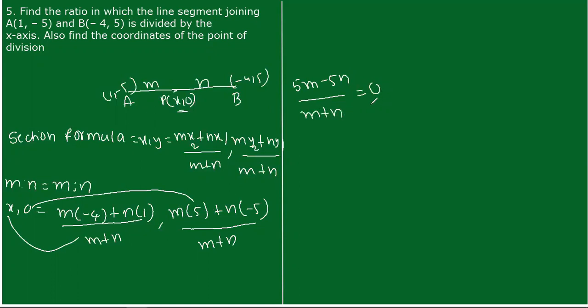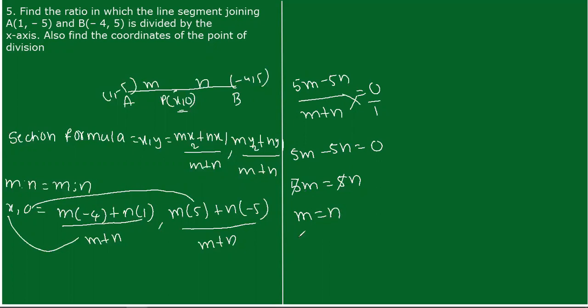If I do cross multiplication, I get 5m minus 5n equals 0 into (m plus n), which is 0 only. So I can write 5m is equal to 5n, cancel 5 and 5, so I have m is equal to n.